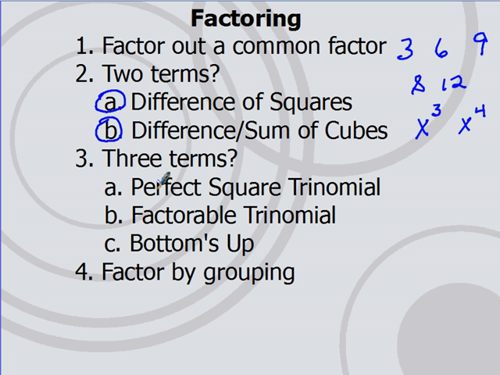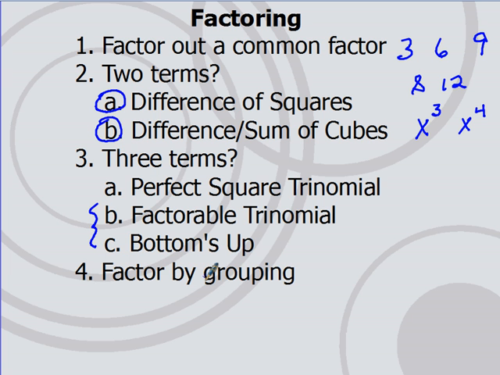If there are 3 terms, we'll see, is this a perfect square trinomial? Is it a factorable trinomial? And we'll talk about what it means to be factorable in a second. And these two kind of go together. Is it factorable? And if so, are we going to have to use bottoms up? And then the last step is if it's not 2 terms, it's not 3 terms, if it's 4 terms or more, we'll check and see if we can actually factor by grouping.